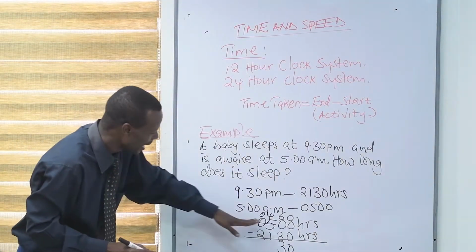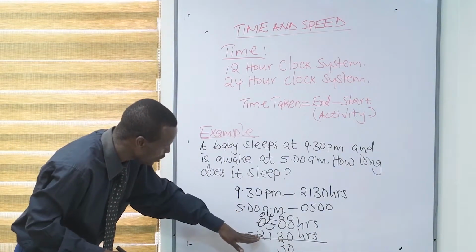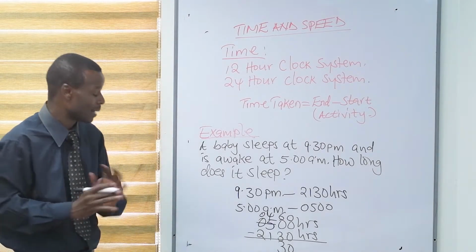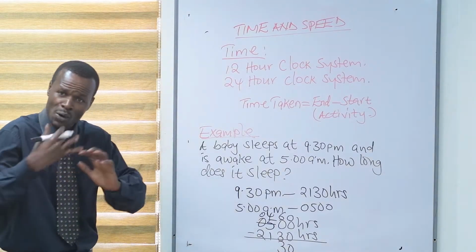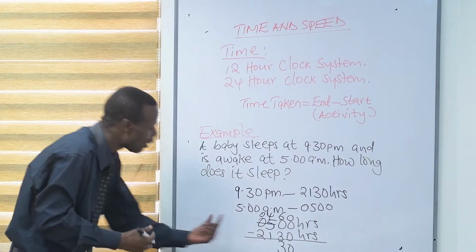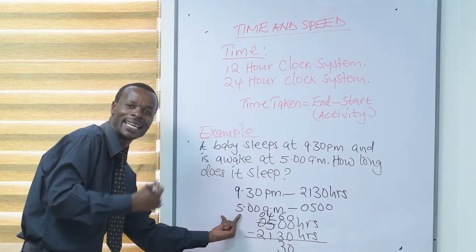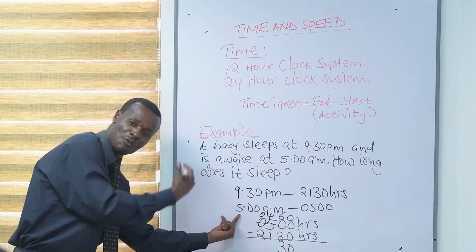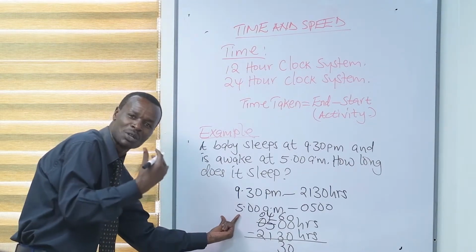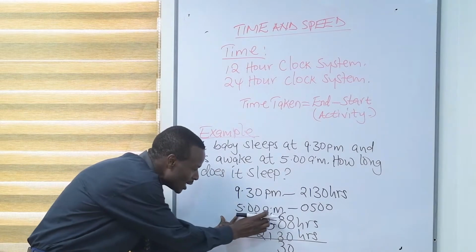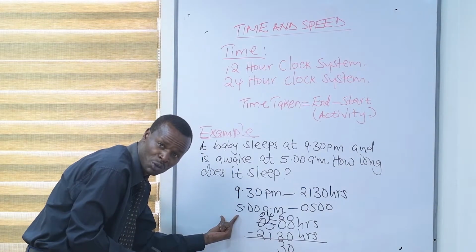Then 04 take away 21 looks like it's impossible, but you remember the borrowing? Yes, you borrow. From the hours, the next unit of time is actually a day. So you borrow from a day, which is equivalent to 24 hours, and you add to 04, and that will give you 28.